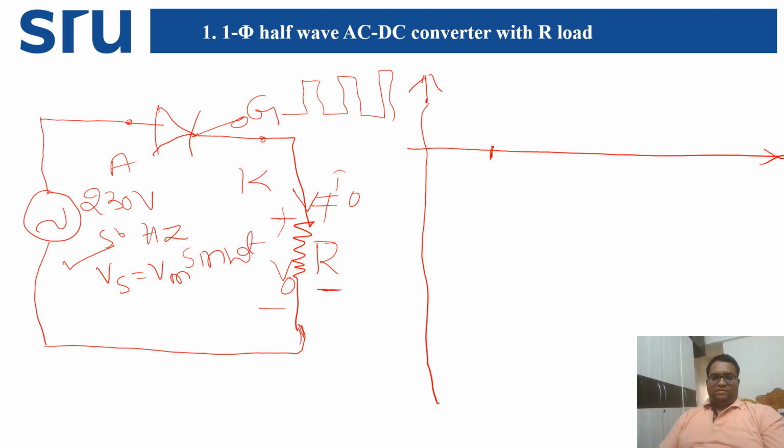One pulse is 0 to 180, after that 180 to 360. Then 0, pi, 2 pi, next 3 pi, next 4 pi.